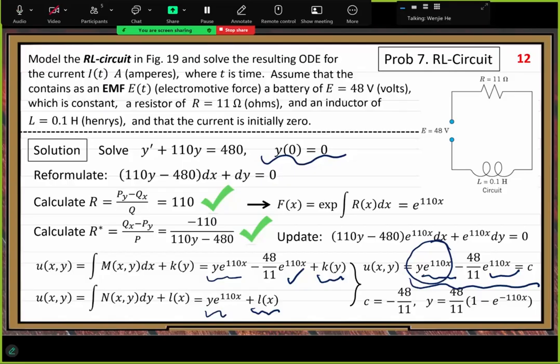So try to understand the logic, why we do all these steps. Try to understand the story behind it, the development. Many students just apply the formula, and that's okay. After you understand, then you just work with the formulas.